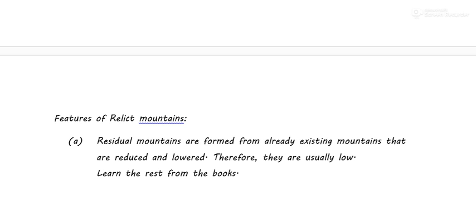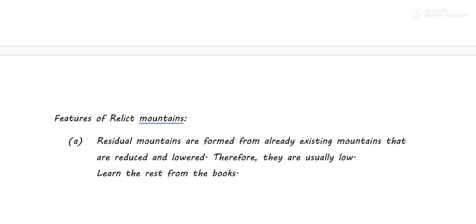Of course, if something forms from another thing, if something is eroded, suppose you have an eraser and you continuously rub it in your copy, it will become smaller. In the same way, when fold mountains are eroded, they become comparatively smaller. Next, from your book, if you follow, the slopes of residual mountains are gentle due to the erosional activities.